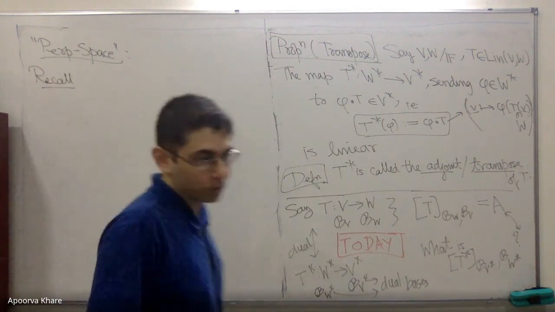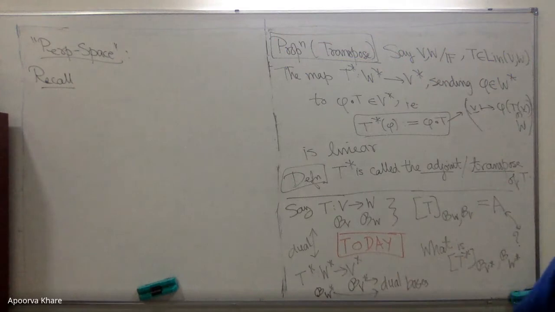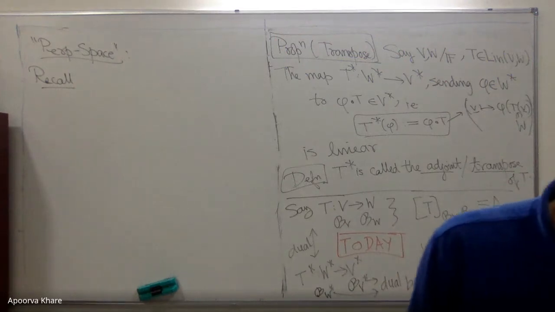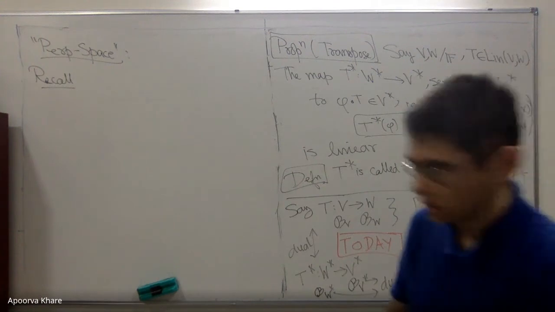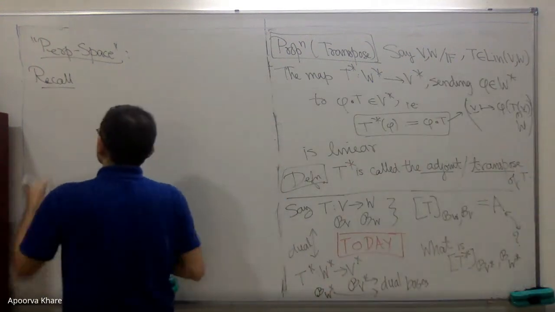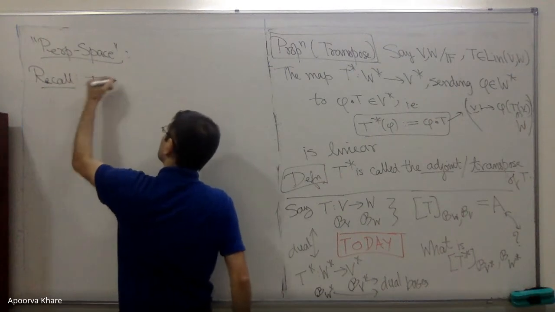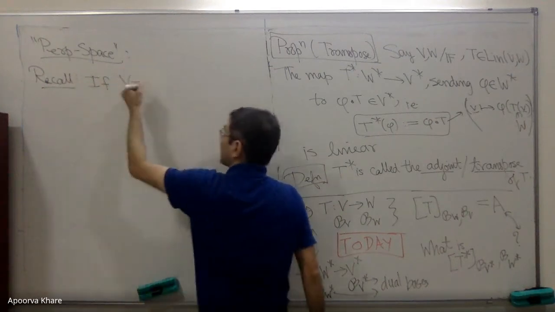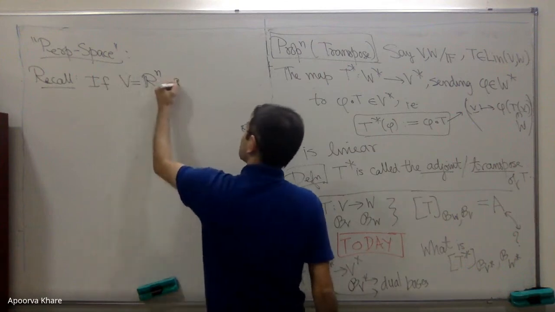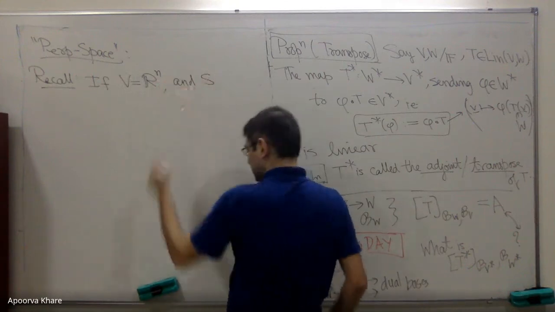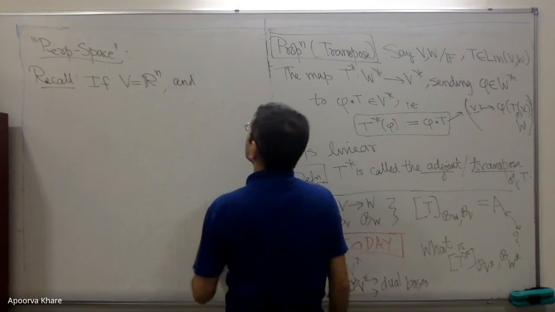Let's recall, in an inner product space, let's say Rn, and W is a subspace of V.